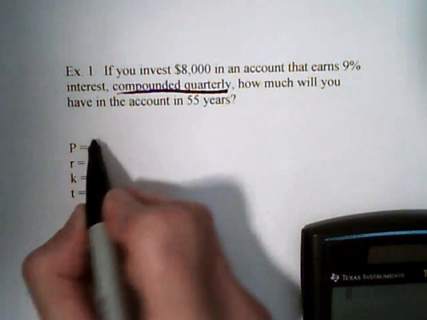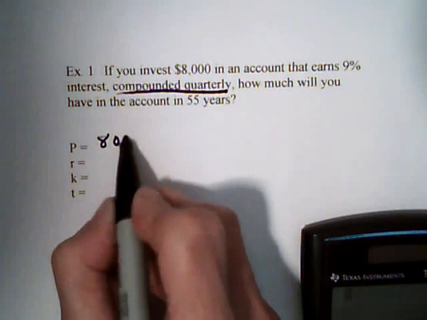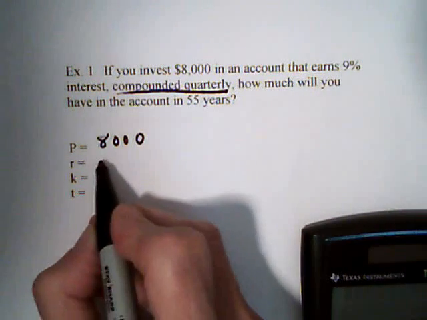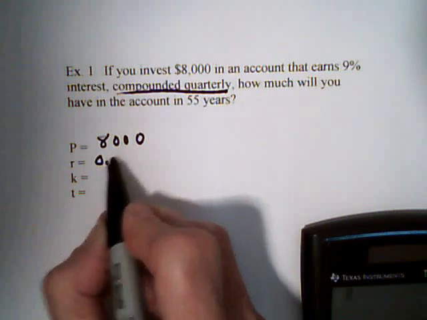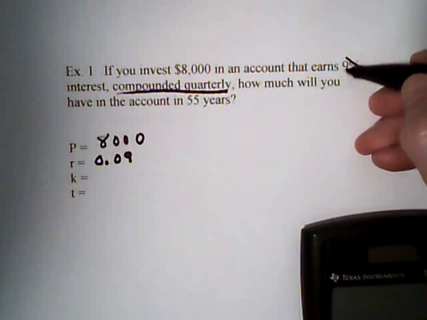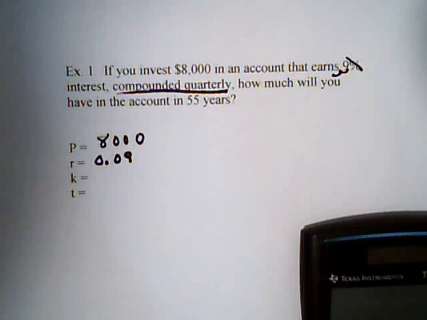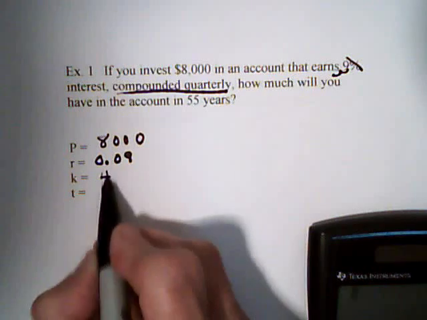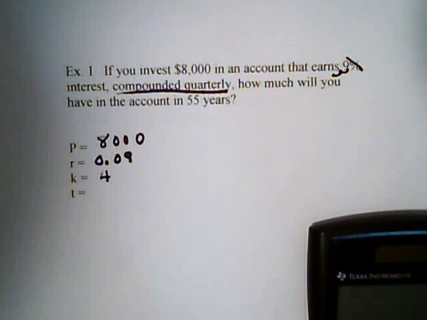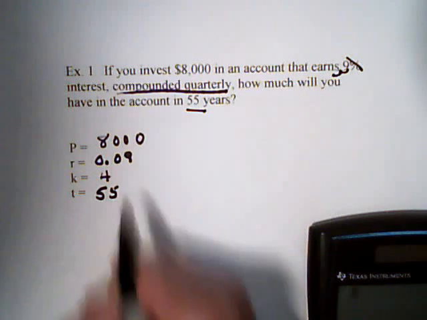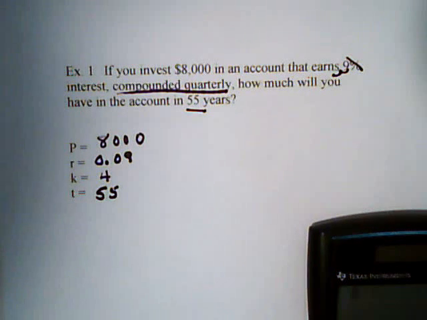Alright, I'm investing $8,000, that's P, in an account earning 9%. Now 9% as a decimal will be 0.09. Remember, you drop the percentage and move your decimal 2 places to the left. Compounded quarterly. Quarterly tells me that would be 4 times per year. And I will leave this money for 55 years. Now there is all my needed information.